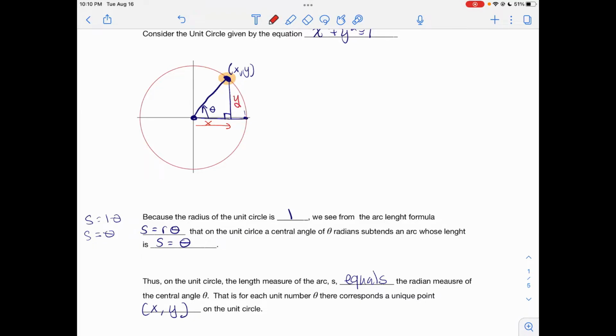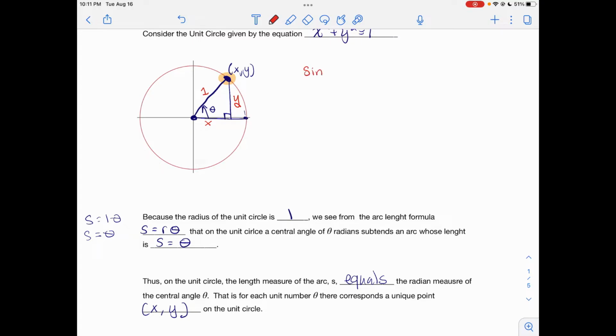So the length of this side of this right triangle is x, the length of the other leg is y, and because this circle has a radius of 1, the length of the hypotenuse has to be 1. So we have a right triangle, and we can use right triangle trig to relate the point (x, y) and the trig functions.